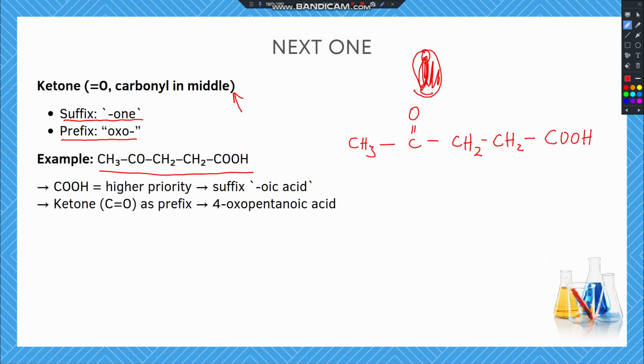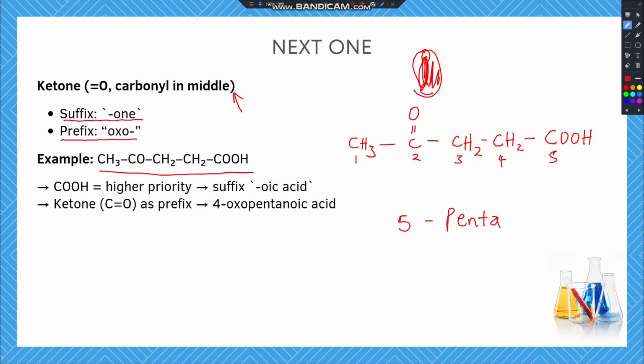So first things first, let's identify the number of carbon atoms that we have. So we have 1, 2, 3, 4, 5 carbon atoms. 5 carbon atoms tells us that the base name we're using is PENT, penta, which shows that there are 5 carbon atoms present in the compound.